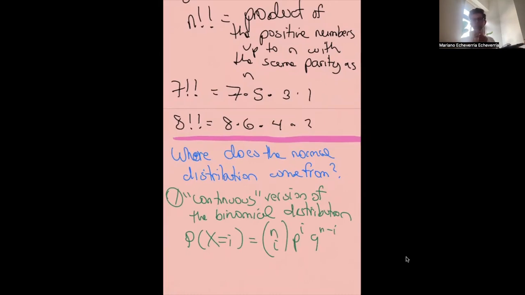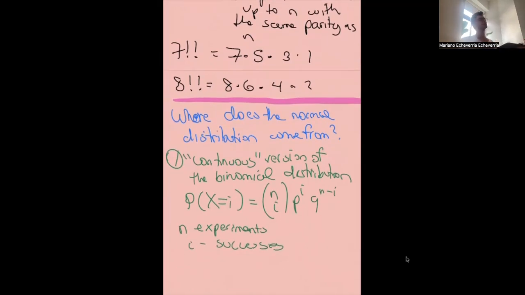When you were doing n experiments, and you're counting getting i successes. So again, we can start with this one next time, and I'll show you how you can get to the bell curve, or this Gaussian distribution, from that. You just have to take the limit in a careful way. So that's a little bit more tedious.